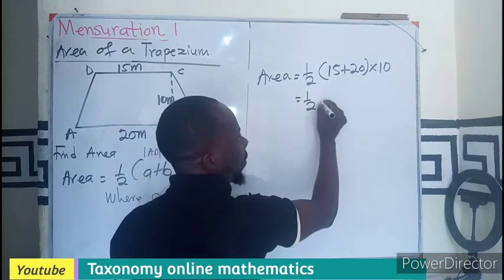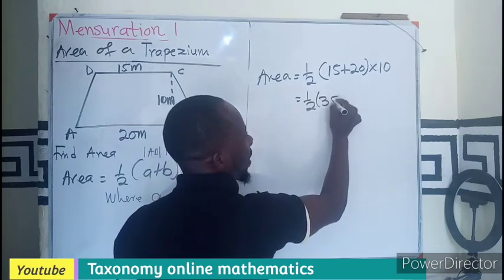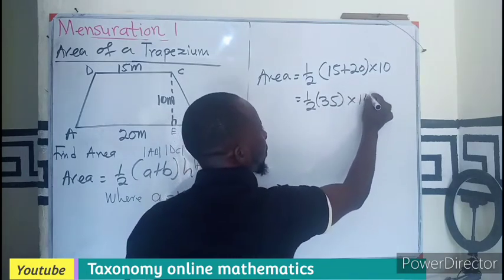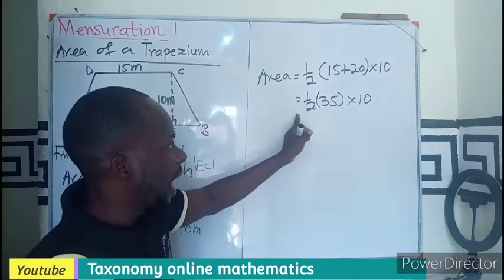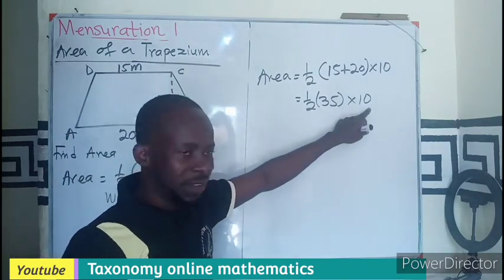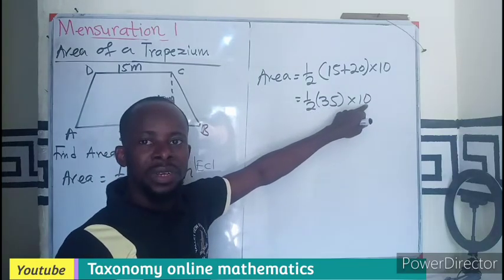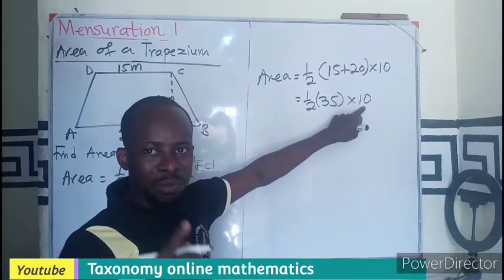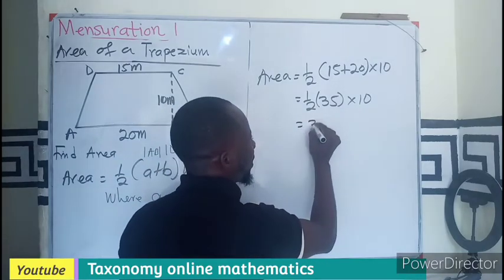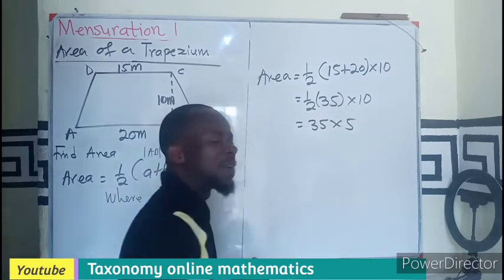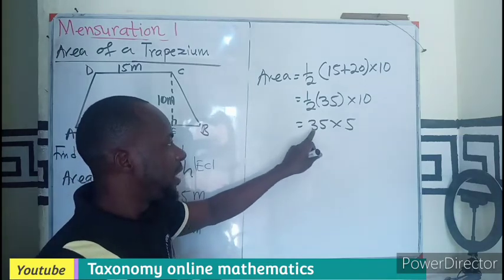So half of 35 times 10. We can find half of this, or half of this, or half of the product. I would prefer to go for half of 10, and that will be 5. So I'll be having 35 times what? 5.